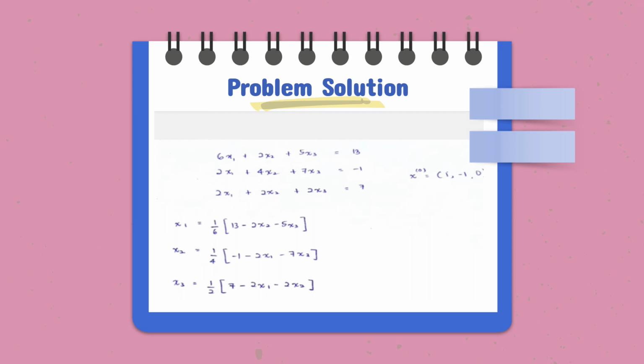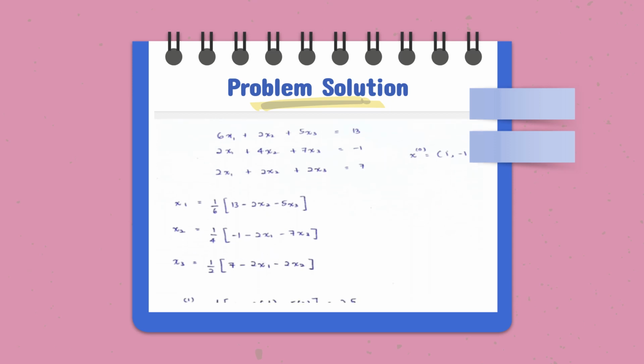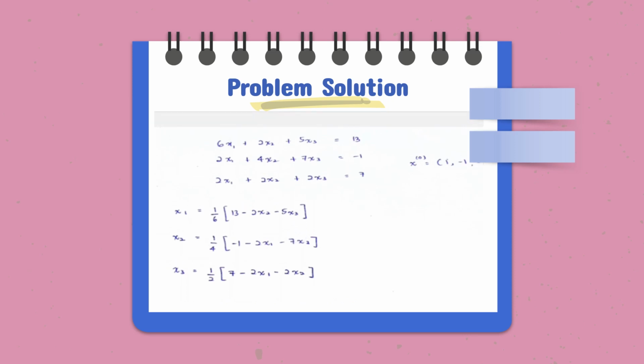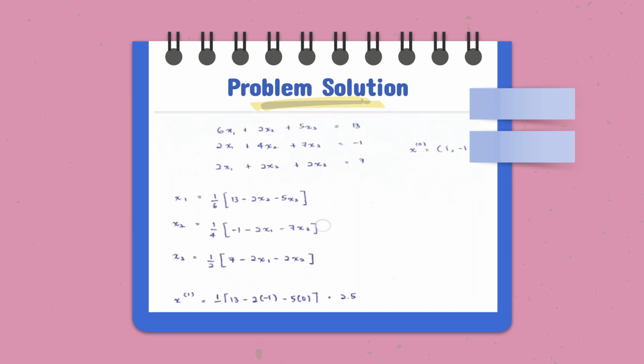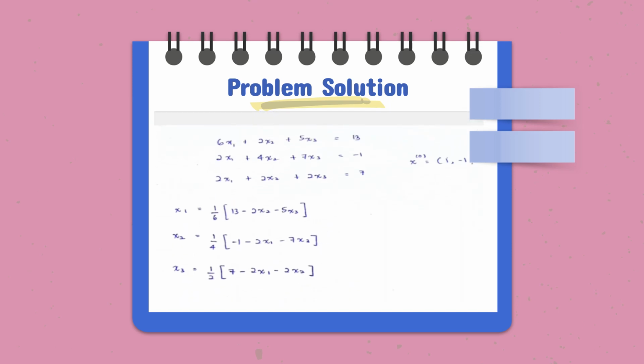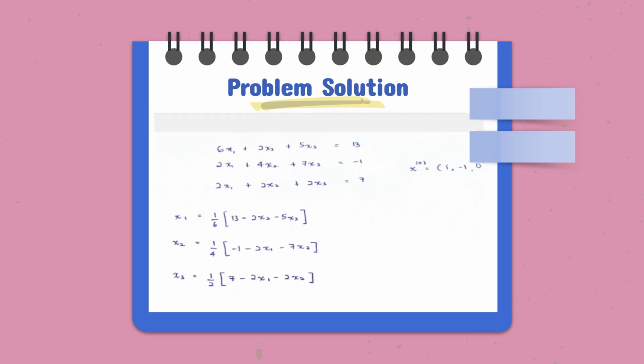We do the same with the x2 value and the x3 value. This one we have not calculated yet for the first iteration and the second iteration. Therefore, when you want to calculate each value in each equation, which is x2 and x3, the value that will be inserted here is from the x0 iteration, just like this.